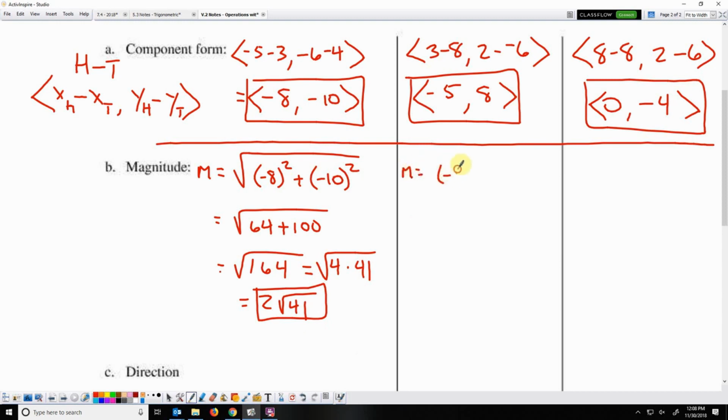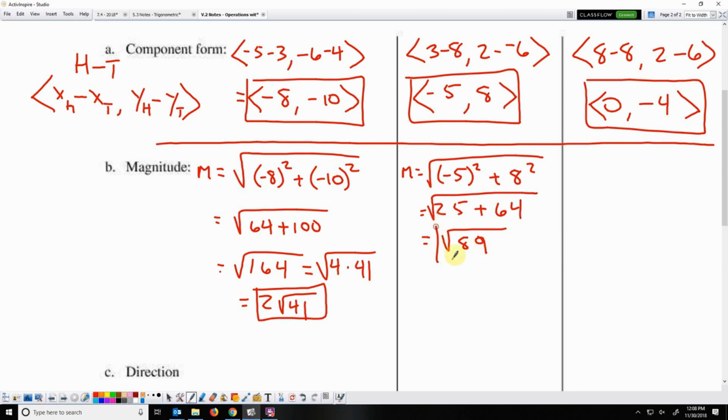So then we have the square root of -5 squared plus 8 squared. 25 plus 64. So it's the square root of 89. I'm not going to be able to find any square numbers that go into 89, so the square root of 89 will be our final answer for the magnitude.